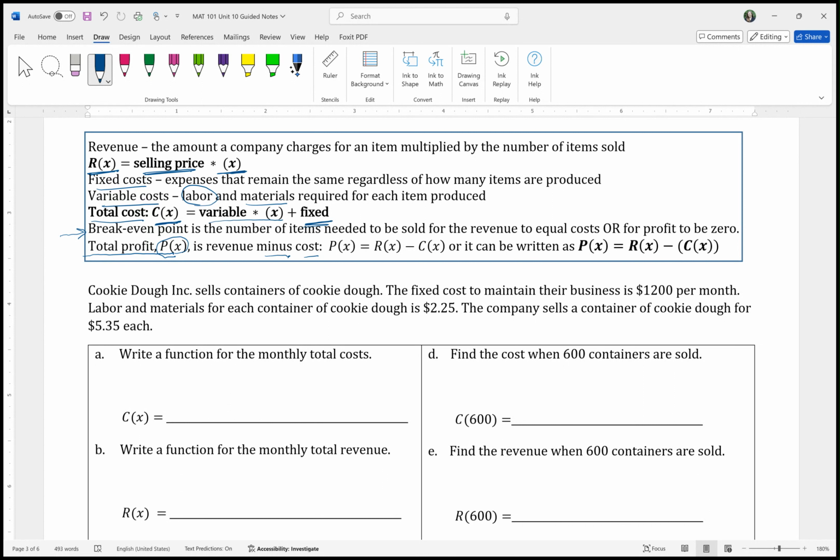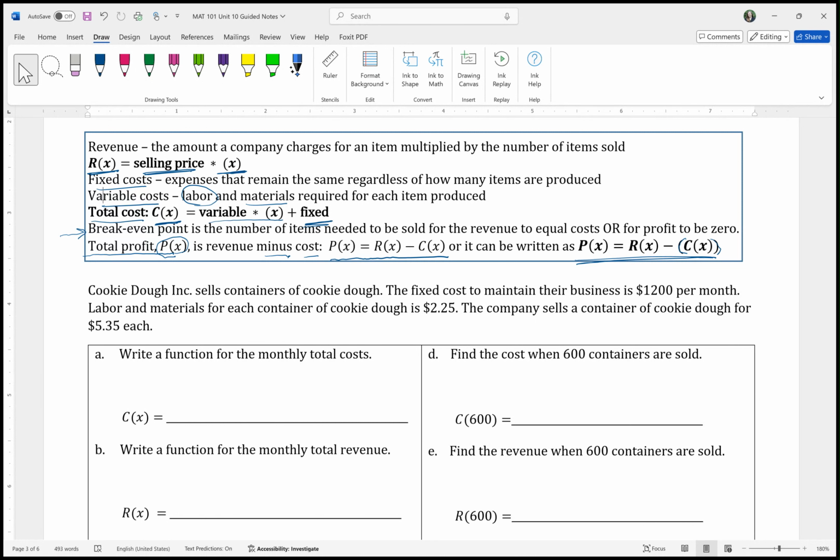So how much they bring in minus how much it cost them to make it. That's going to be your profit. A lot of times people think that just the $30 I mentioned a minute ago is their profit. That's not true. You've got to subtract off your costs. So revenue minus cost: P of X equals R of X minus C of X. And because we previously looked at subtracting two functions, remember that we want to put parentheses around that second function.